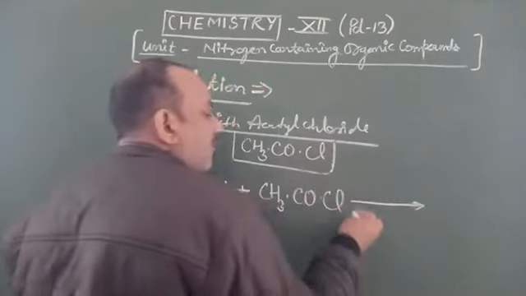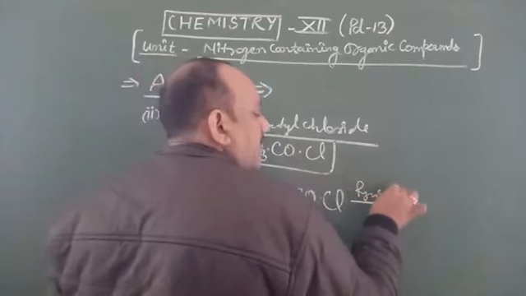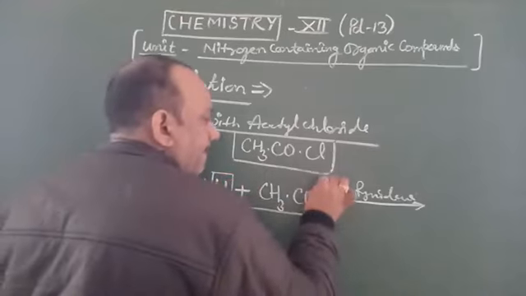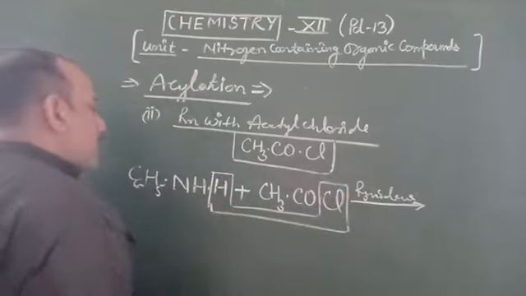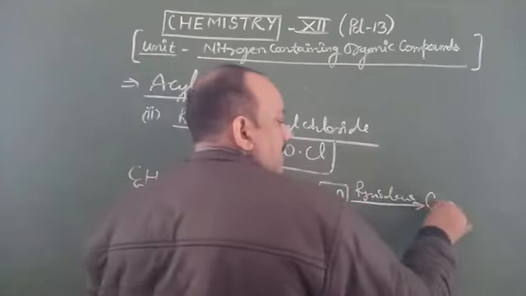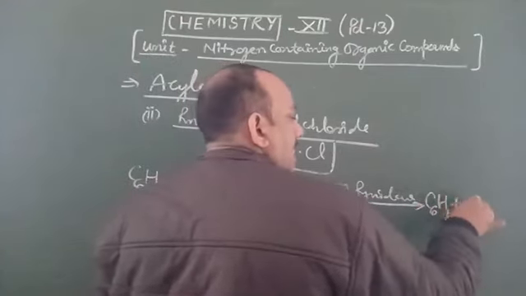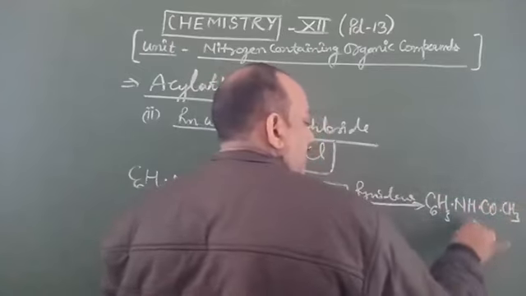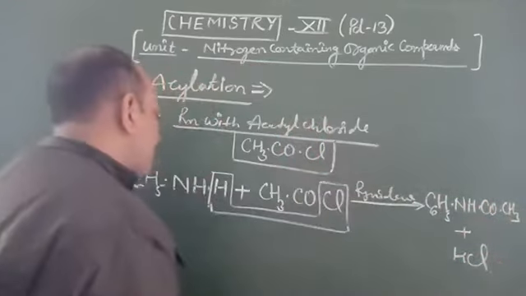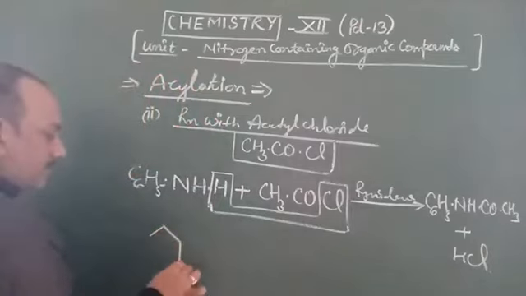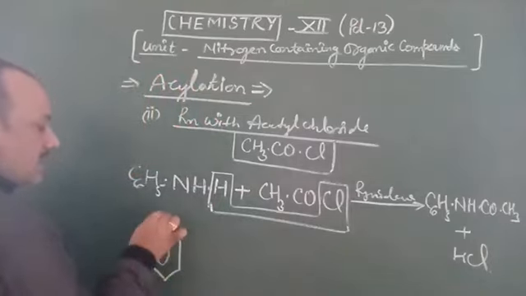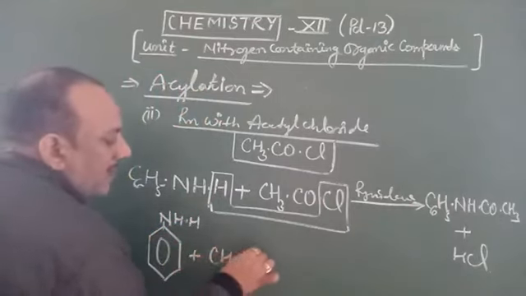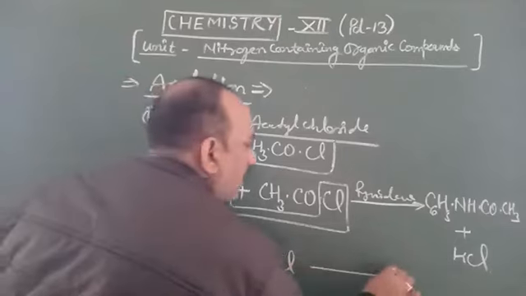In the presence of pyridine, it subtracts HCl to form acetanilide, C6H5NHCOCH3, plus HCl. In the structural formula, C6H5NH2, aniline, reacts with acetyl chloride, CH3COCl.